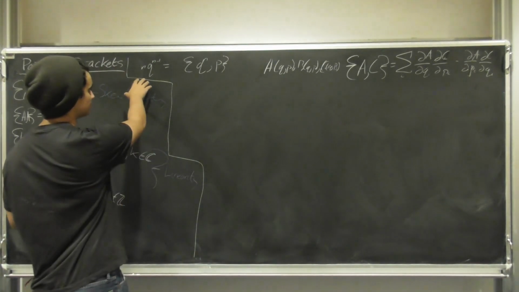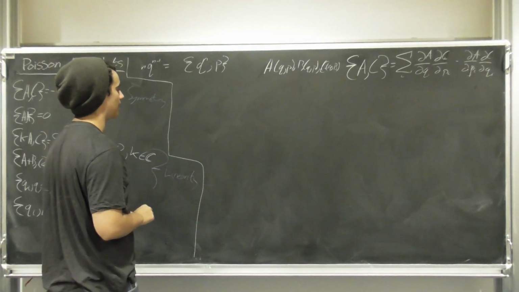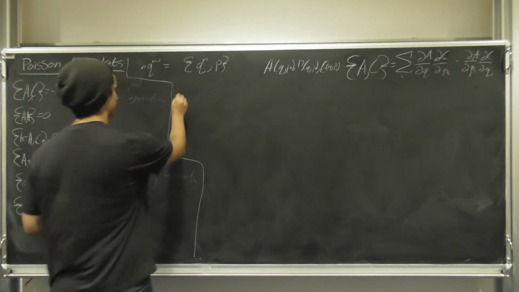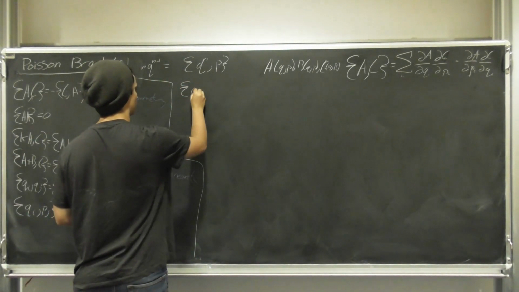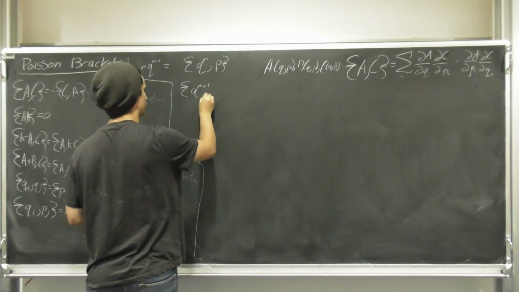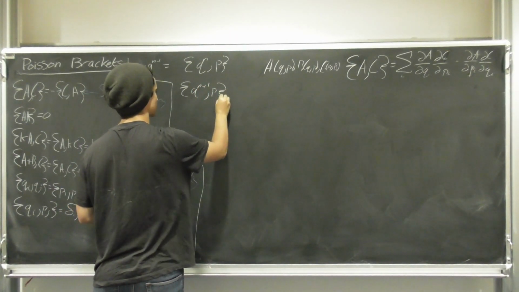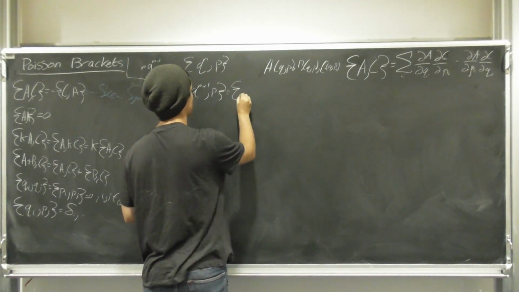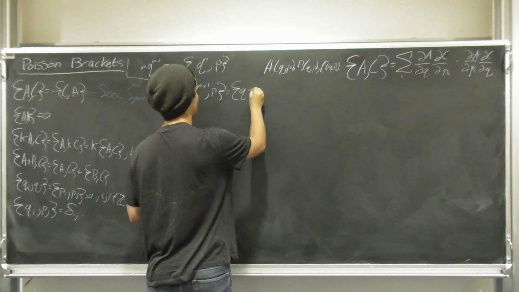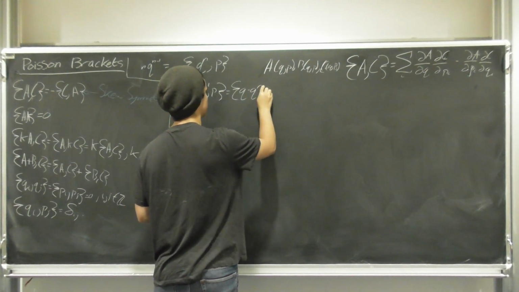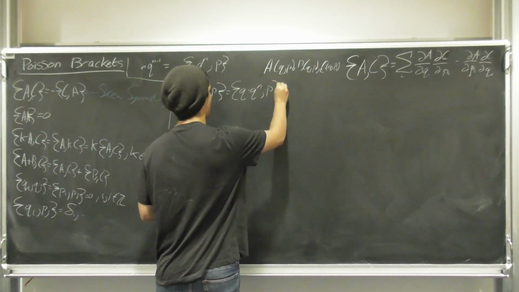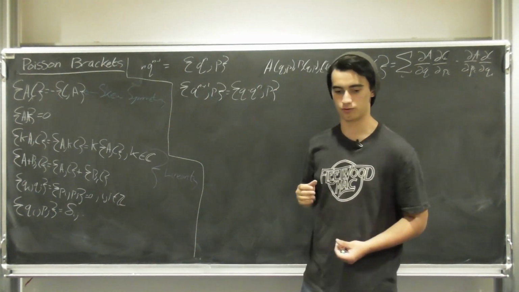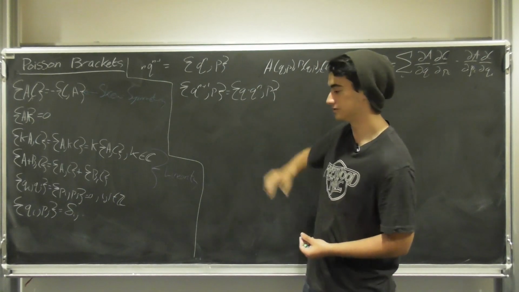So we assume this to be true, and then if we work out the Poisson bracket of q to the n plus 1 with p, that's the same as the Poisson bracket of q times q to the n with p. This is one thing we haven't put in our toolbox yet: multiplying these two together.